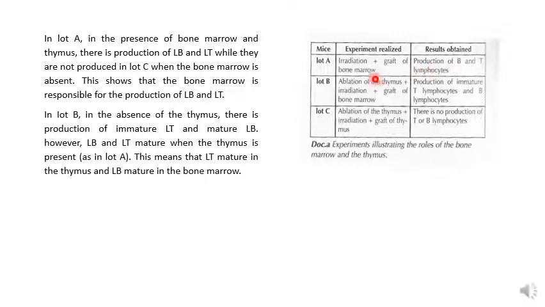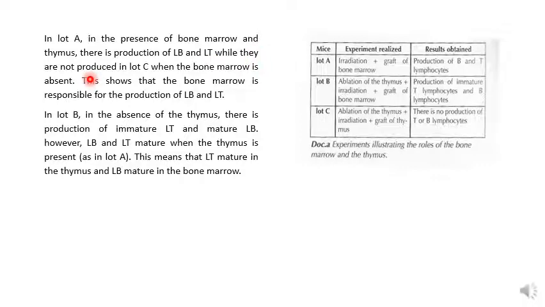After relating the variable factor with the result, then we can reach the corresponding significance. So, in lot A, there is bone marrow, and since here we're not talking about any experiment of ablation of the thymus, the thymus is present. So lot A, having bone marrow and thymus, there is production of LB and LT.